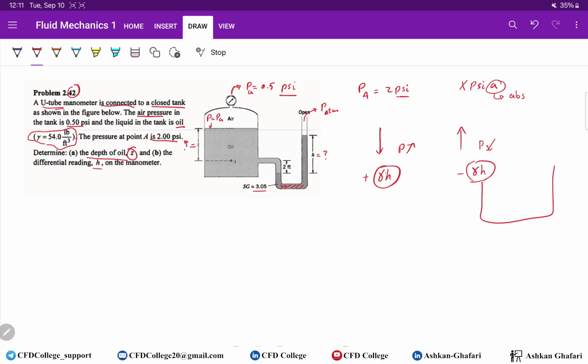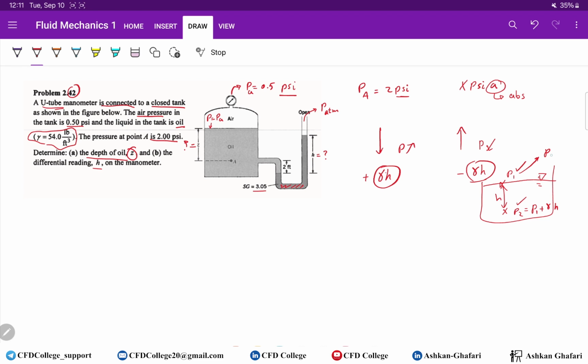So if we have a liquid, for example, here we have P1, at this step we have P2, which is greater than P1, and the difference is gamma H. So if we know P1, we can find P2.